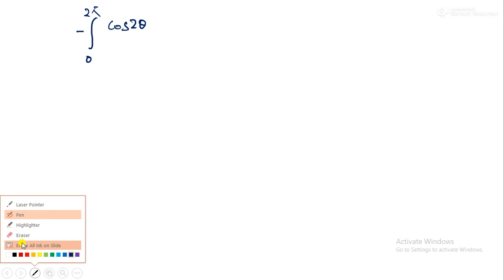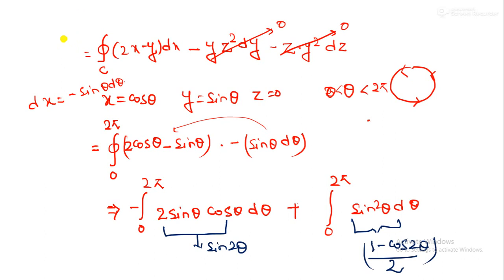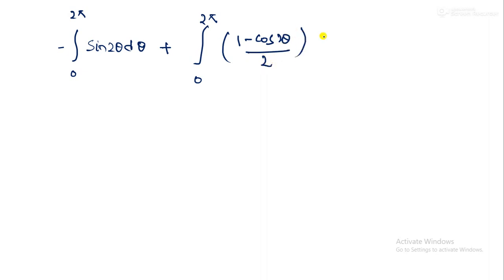So what you will get is integral 0 to 2 pi minus, it will come as cos of 2 theta, sorry, my mistake, it will be sin, integral from 0 to 2 pi, 1 minus outside. I'm just solving this equation, that is minus 2 sin 2 theta d theta plus integral 0 to 2 pi sin square theta, 1 minus cos 2 theta by 2 d theta.